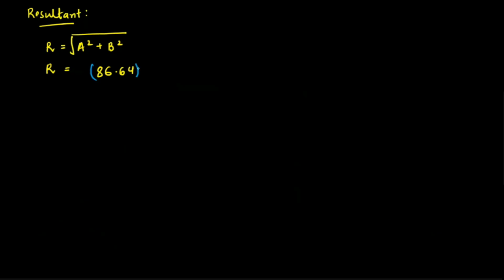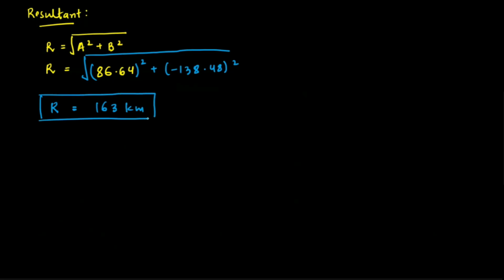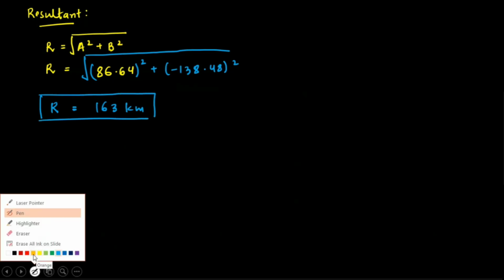Once we have this, we'll simply square it and substitute the value of the b vector as well, which is approximately negative of 138.48 whole square. When you square it and take the root, you'll get approximately 163 kilometers. So this is the resultant, or you can say this is the magnitude of the resultant.